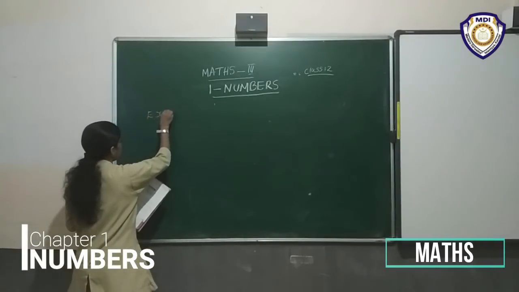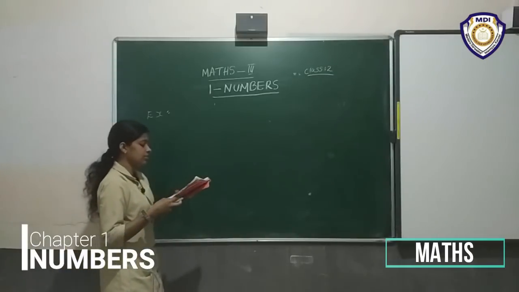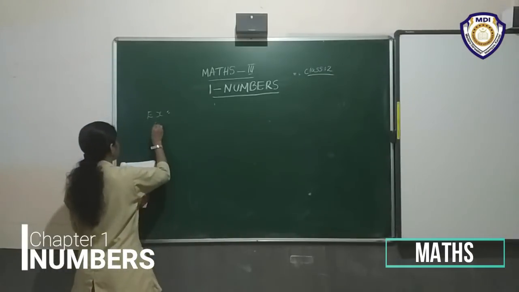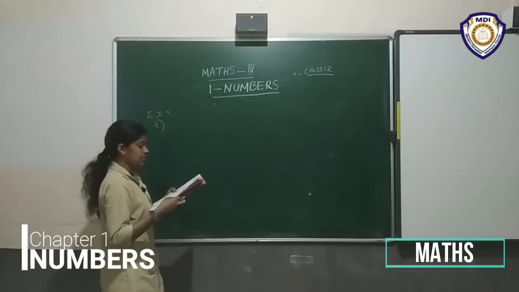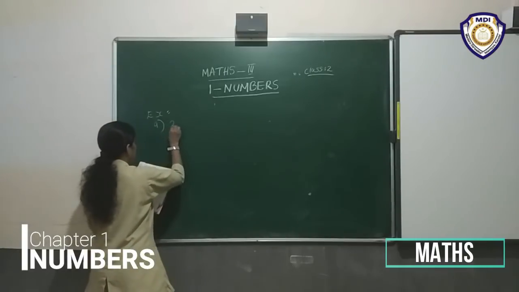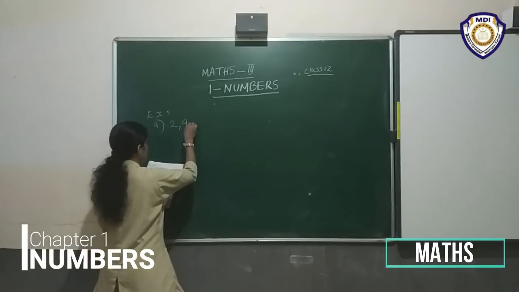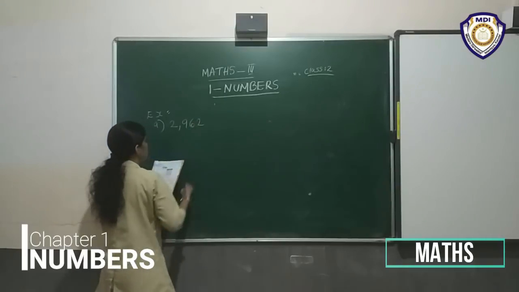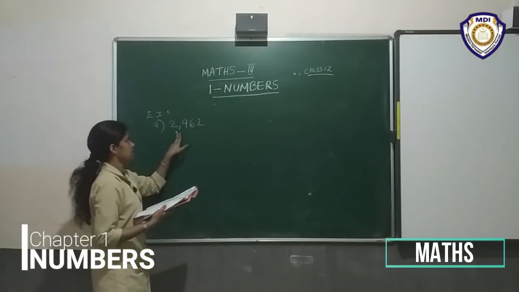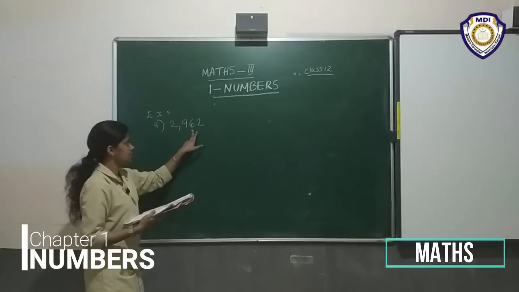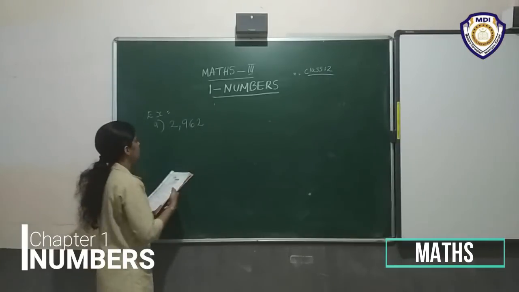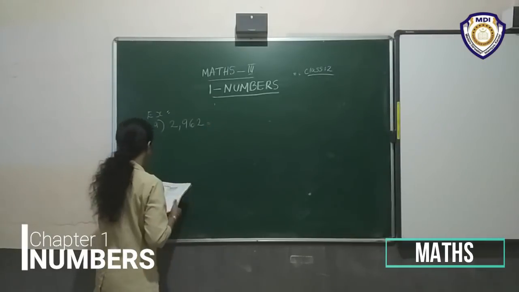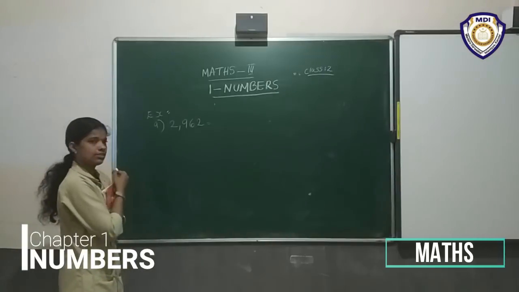Example for you. Example 1. Listen here. 2,962. How to write?